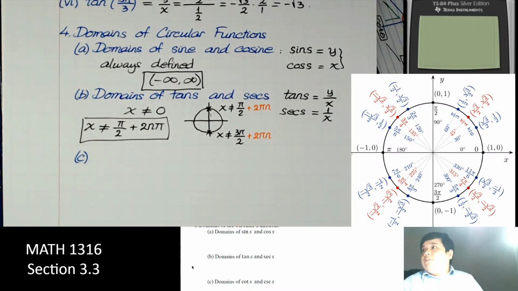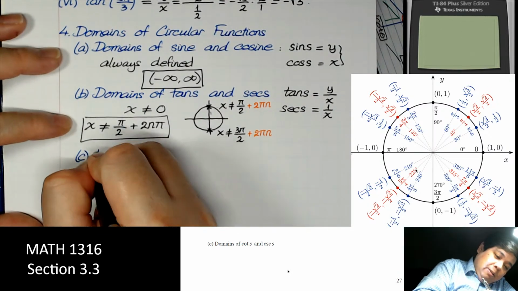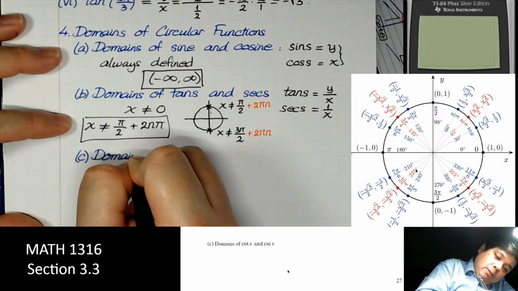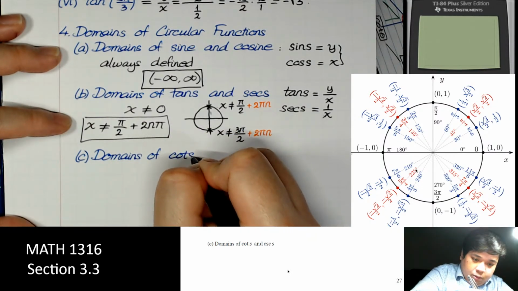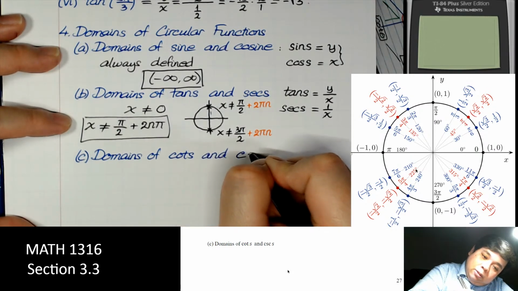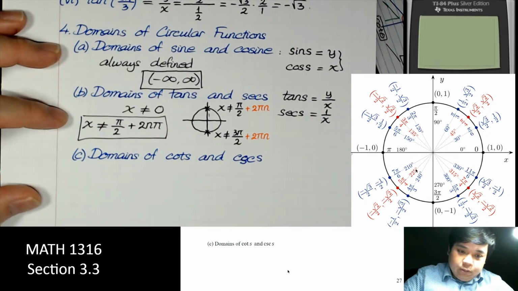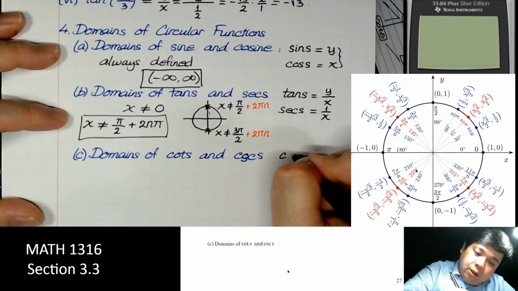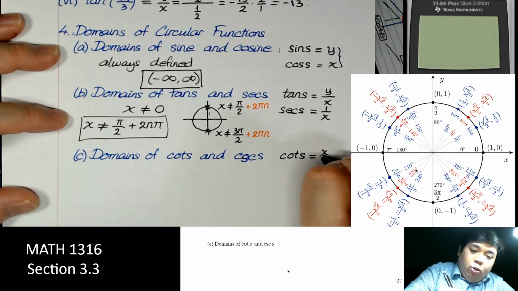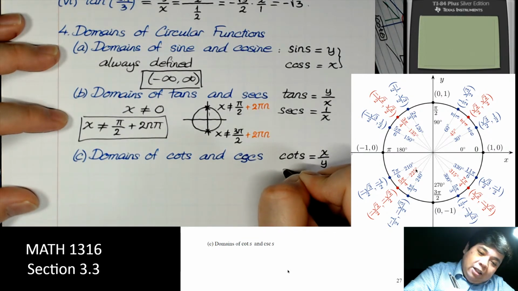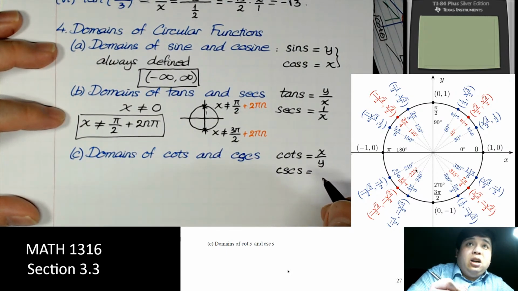C. Cotangent and cosecant. Cotangent is x over y, and cosecant is 1 over sine.